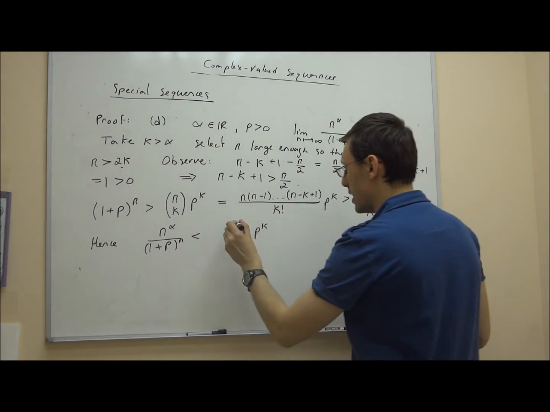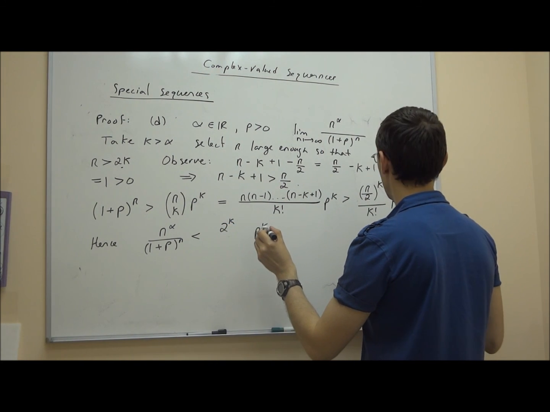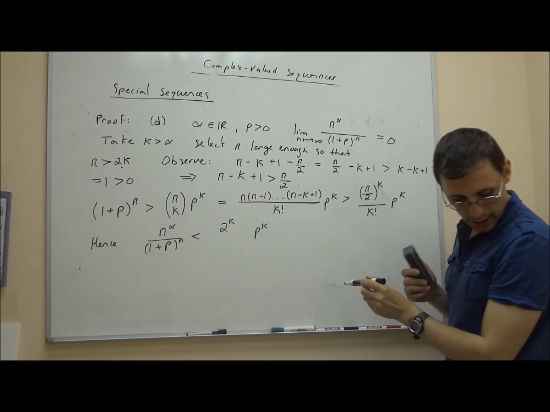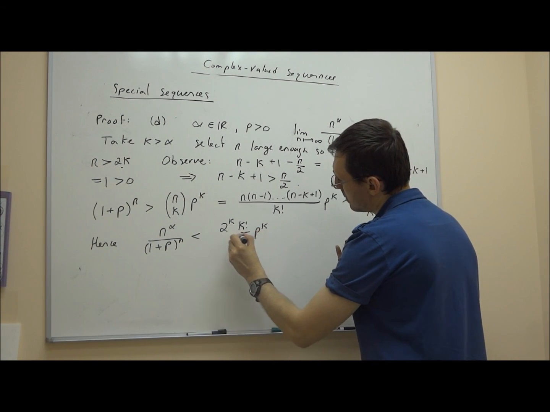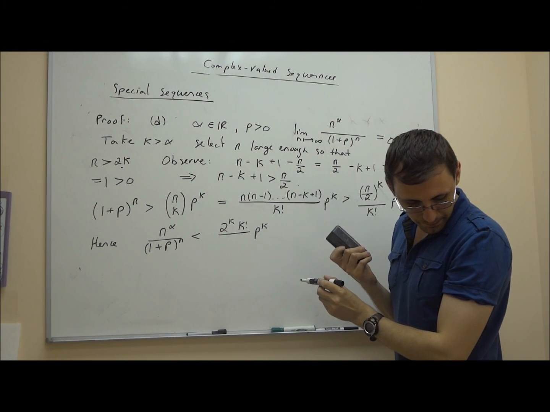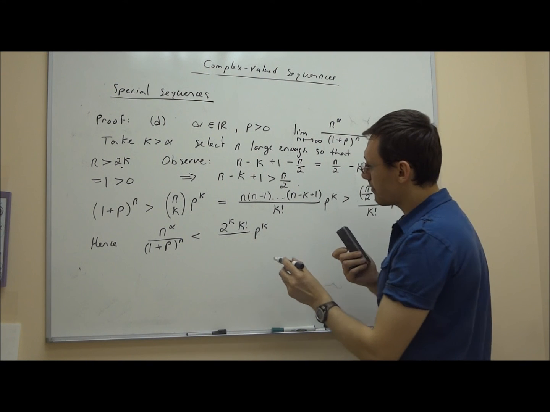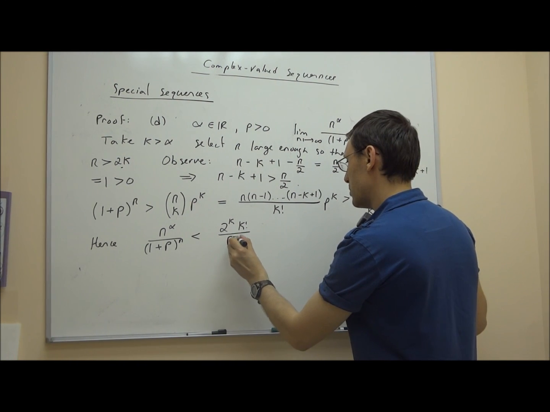So once you write it out, this will be 2 to the k times k factorial divided by, here I should divide this entire thing by p to the k.